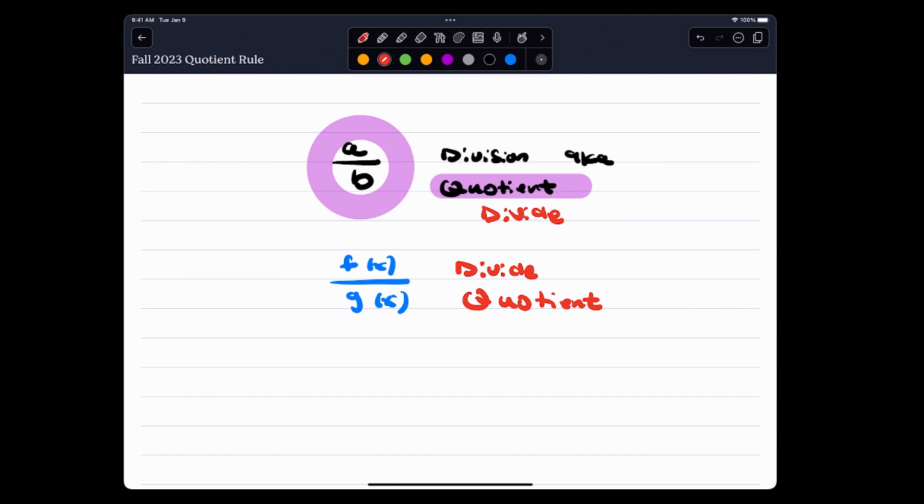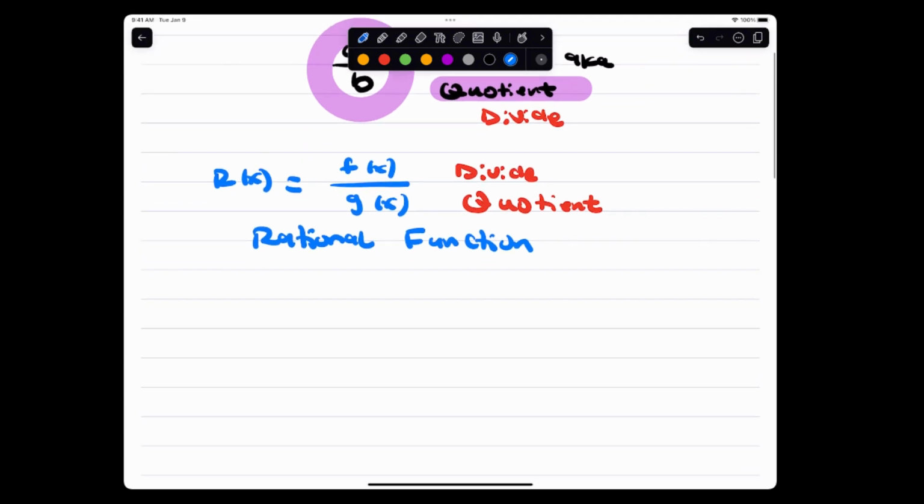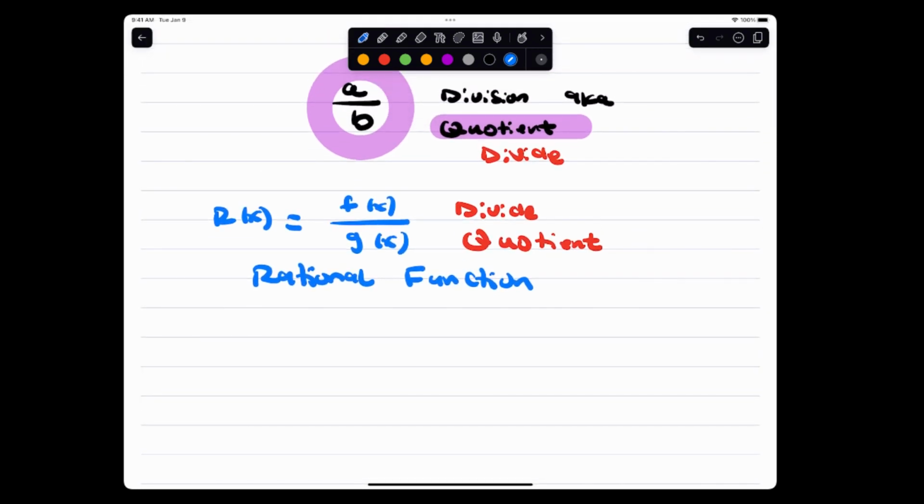We call this, by the way, rational functions. A lot of times they'll say R of x is f of x over g of x. This is a rational function or a fraction function. So we're going to try to find the derivative of rational functions.